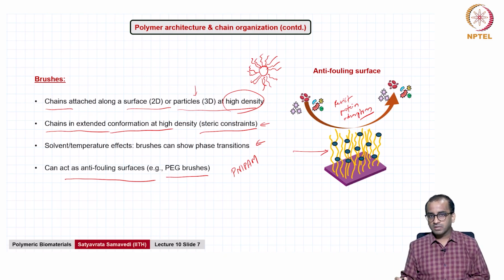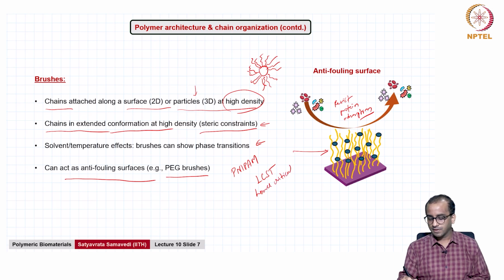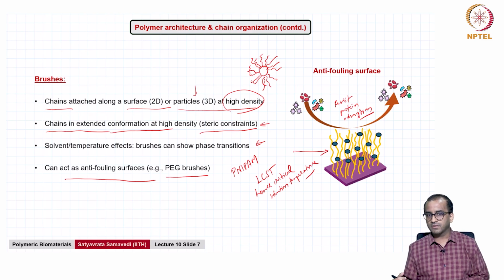This is a polymer that exhibits a very specific property called LCST, lower critical solution temperature. If you are hearing this word for the first time, I would suggest you look it up and try to understand what it means to get a better sense of what I am going to describe with polyNIPAM.